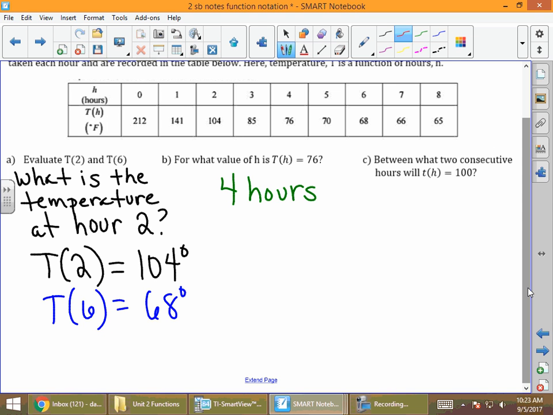And it's not going to be between hours 1 and 2, because we go from 141 degrees to 104 degrees. But we're getting closer to 100. From hour 2 to hour 3, we go from 104 to 85 degrees. So between what 2 hours? It's going to be between 2 and 3 hours. Look at the description on your table when you're doing these problems. It will be helpful.